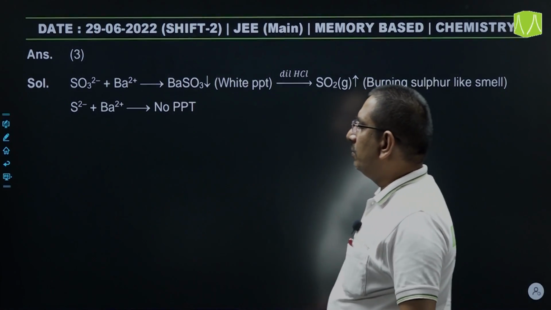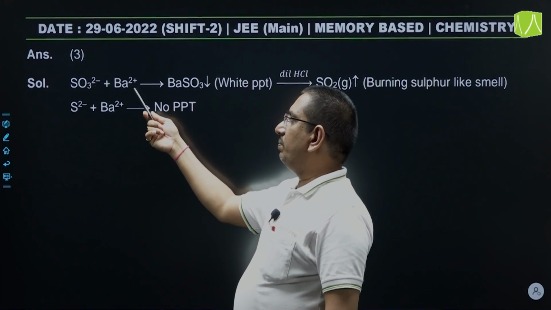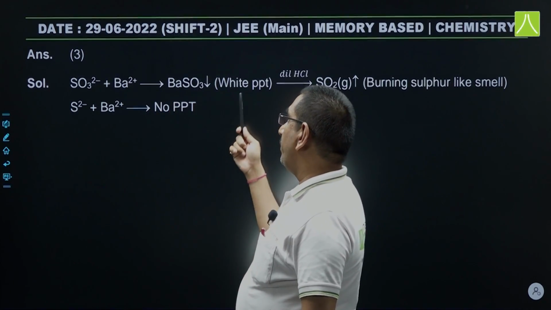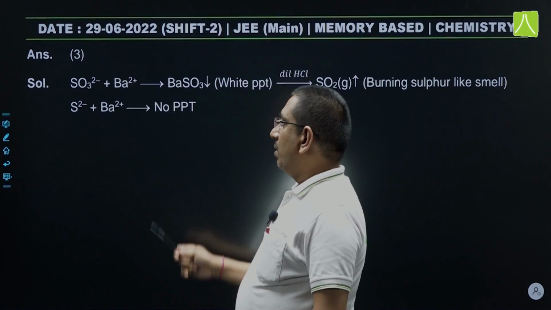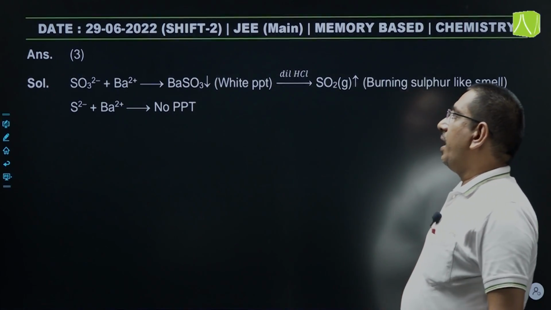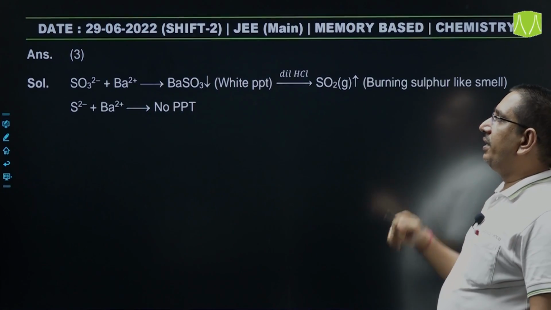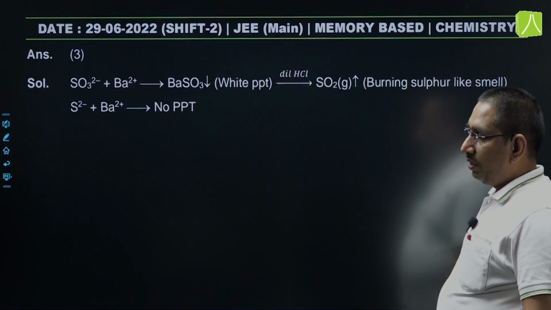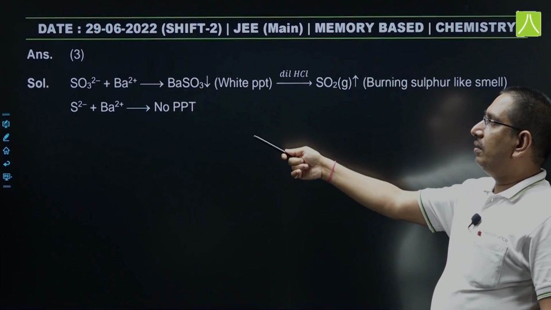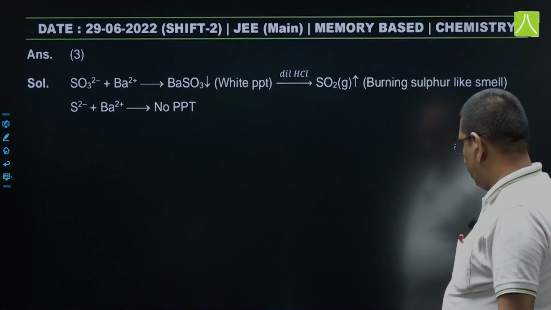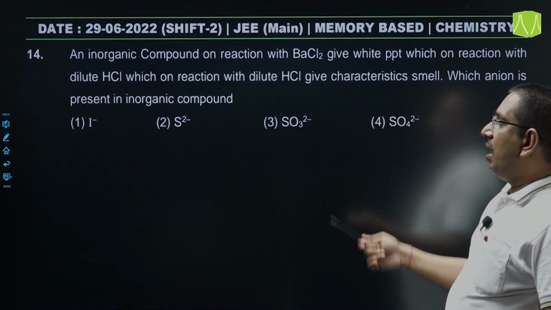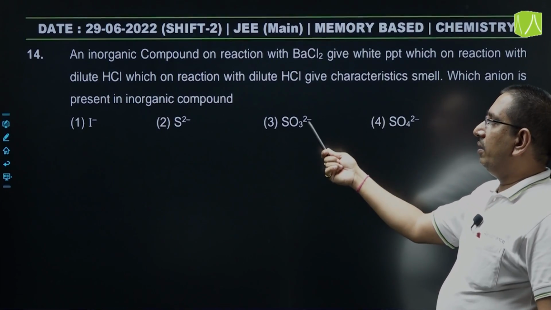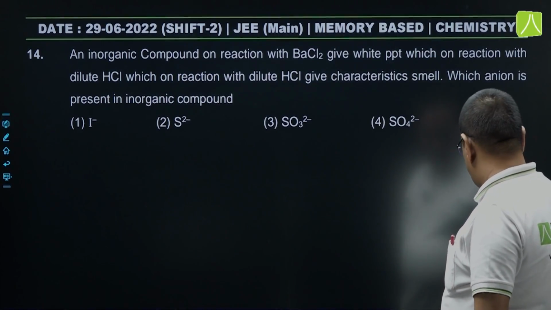Now, if you see sulphite ion when it reacts with barium ion, then it will give barium sulphite, which is a white precipitate, and this on reaction with dilute HCl, sulphur dioxide gas is produced, which has a burning sulphur like smell, and sulphide ion will not react with barium ion. So, in the given options, I minus, sulphide ion, sulphite ion, sulphate ion, the correct answer can be sulphite ion.